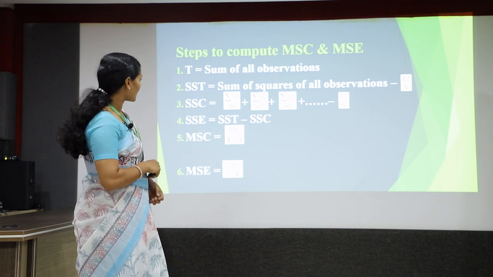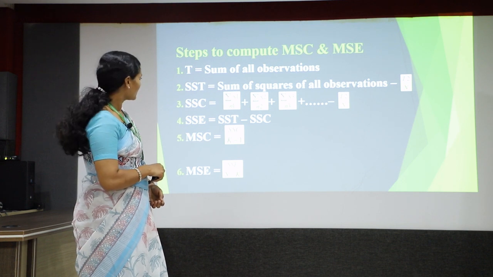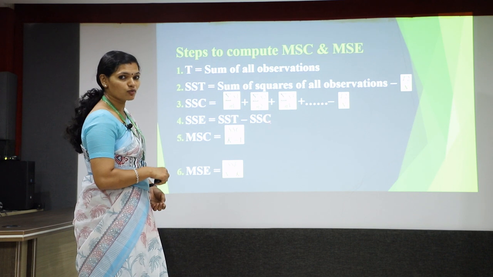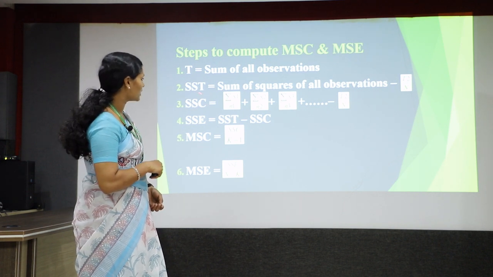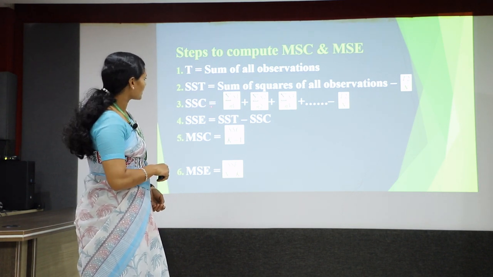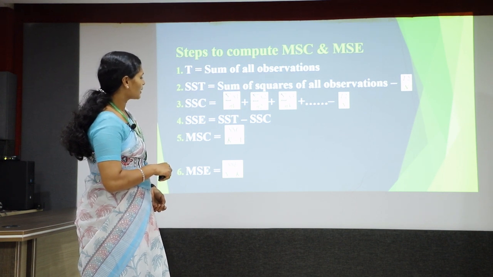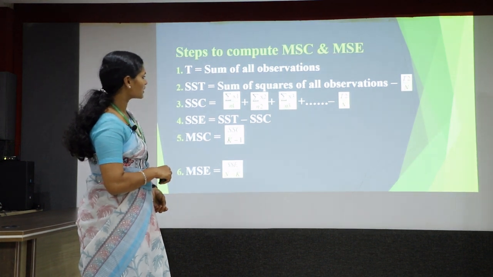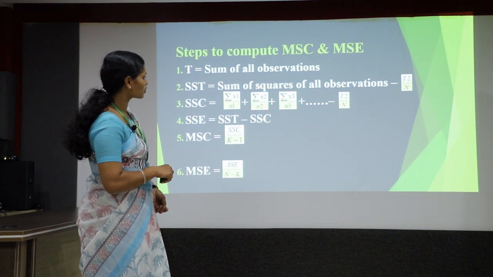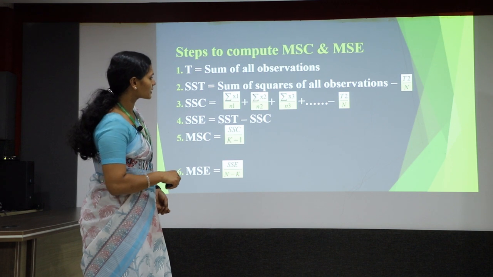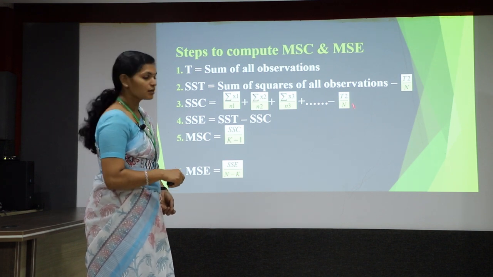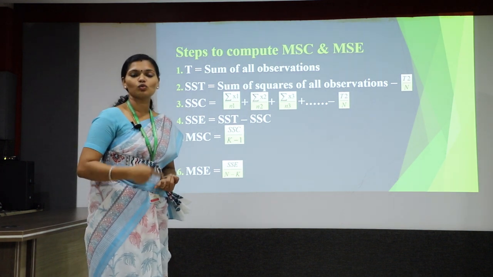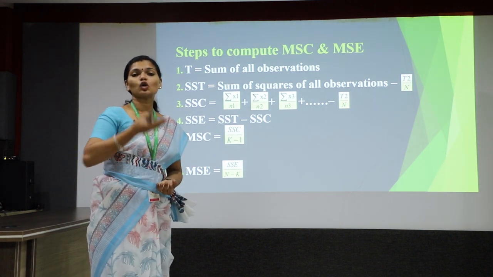The next is SSC. SSC is the sum of squares between sample. C for between sample, I have told you. So this is equal to sigma x1 square by n1 plus sigma x2 square by n2 plus sigma x3 square by n3, etc., minus T square by N. Each of these terms, sigma x1, sigma x2, sigma x3, etc., represents the total of each column.